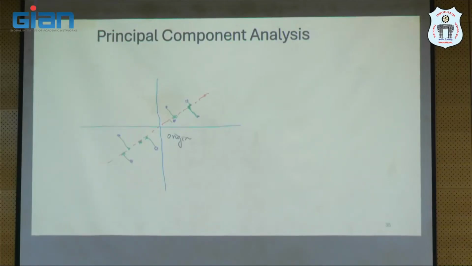But you are drawing a line and you are saying that once this line is drawn, the original data points are no longer going to be used. I am going to take a representative of the original data points that will be situated along this line only. So that is the base of principal component analysis. We are going to use a representational data point along one line, and these projected points will be my data set or data points of consideration. Okay? And this line is called the principal component.